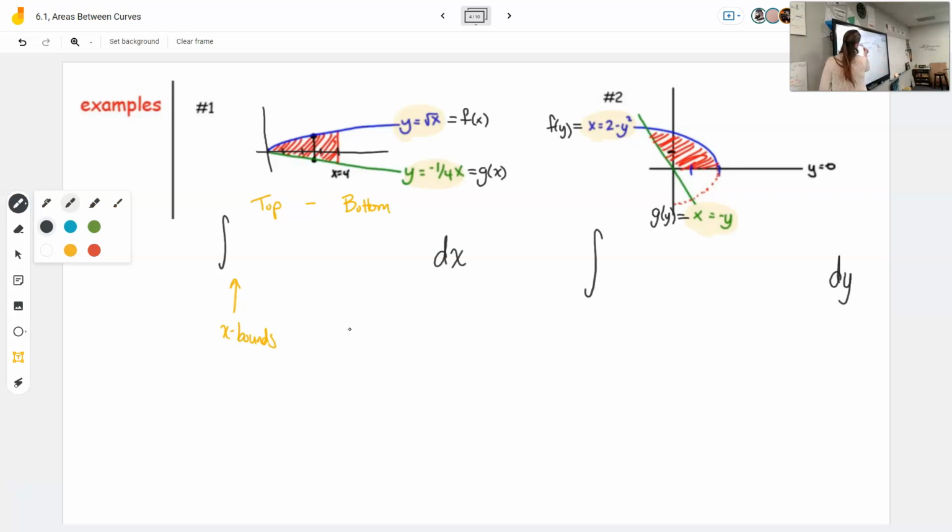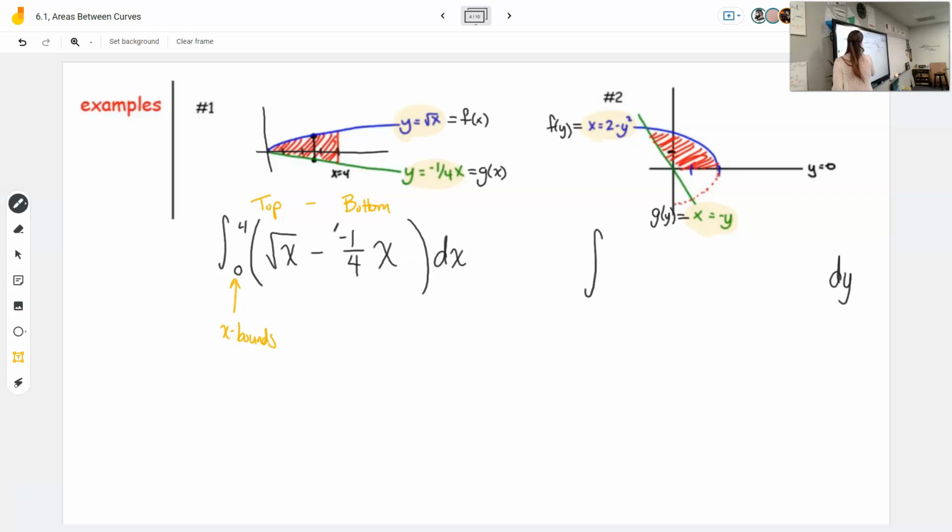So 1 and 2 and 3, and it's the 4th tick mark. So according to our picture, we're going from 0 to 4, and we're going to get our top minus bottom. So who's on top for this guy? Square root of x. And who's on bottom for this? Negative 1/4. So minus a negative would end up being a positive, right? I'm assuming we could make that match.